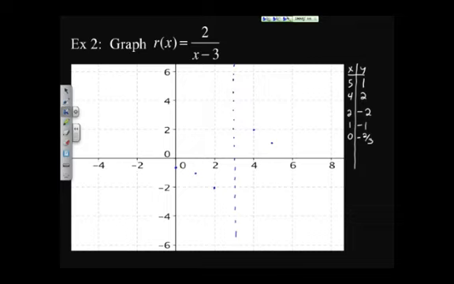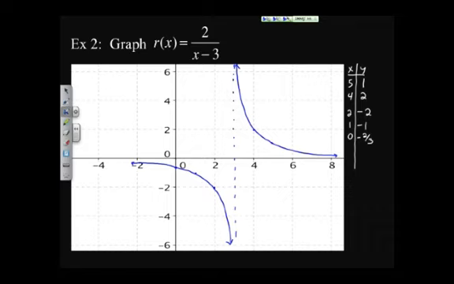Now, if you look at this graph and you put in some more points, we find out we're going to get the same sort of shape as we had before with 1 over x. The difference is the vertical asymptote has been moved over to the right 3 units.